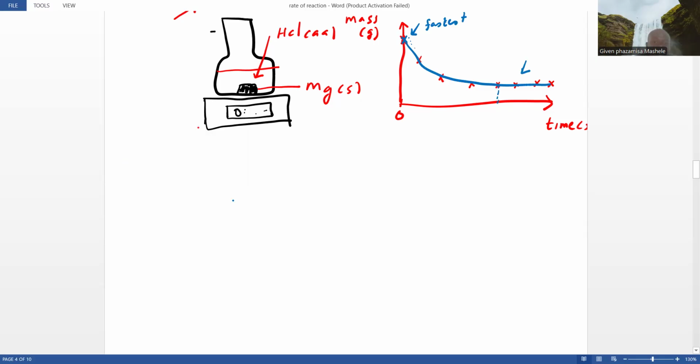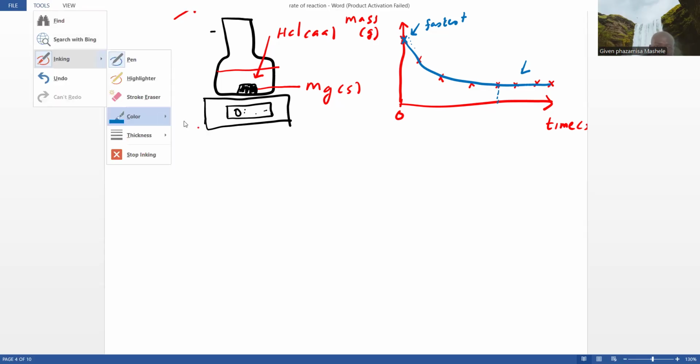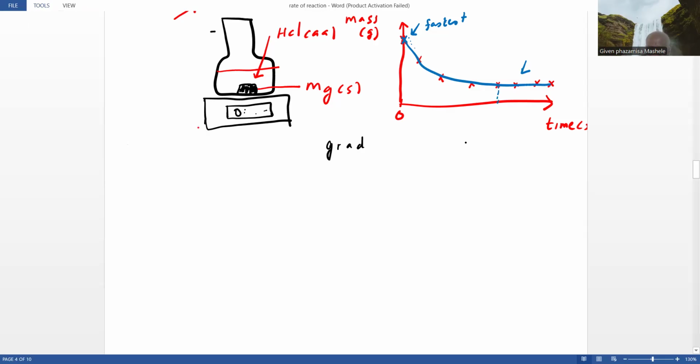So we can still determine the average rate of reaction by looking at the gradient, as I said earlier. We can calculate the gradient of this function. We know that gradient is the change in y over change in x. So this will be the change in mass over the change in time. The mass is in grams, and the time for now is in seconds.